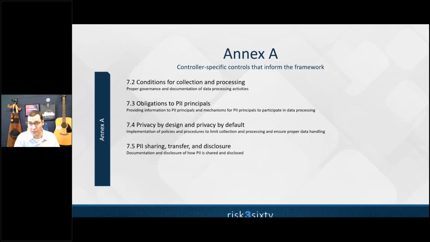In the case of the controller, it is documenting your purpose and lawful basis for processing, obtaining consent, performing privacy impact assessments, developing joint controller arrangements as applicable, and maintaining records of processing activity. Really all the things that are preconditions to actually engaging in data collection and data processing.